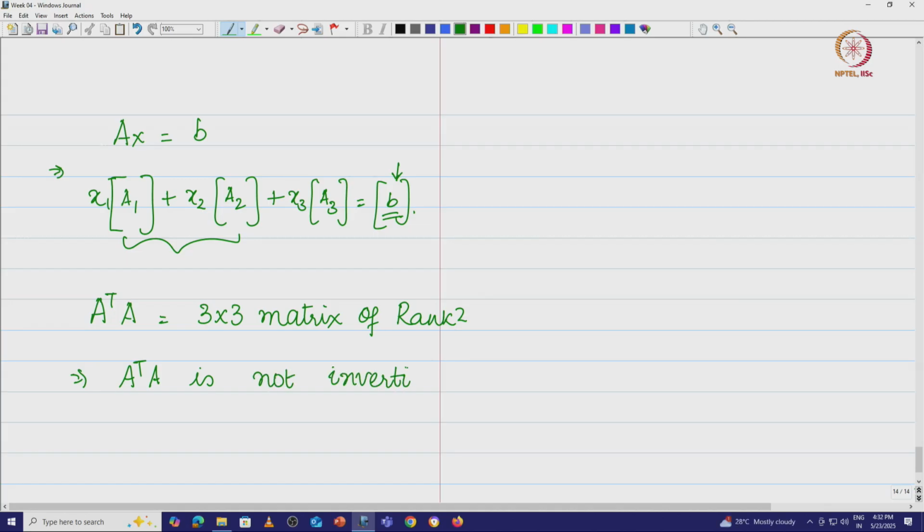But what we know is if you look at A A transpose, it is a 2 by 2 matrix of rank 2, and A A transpose is invertible.